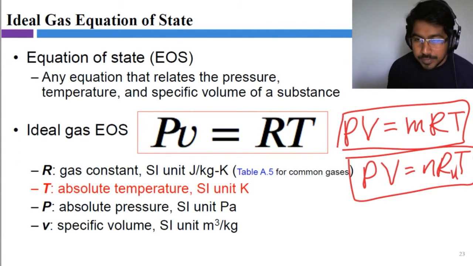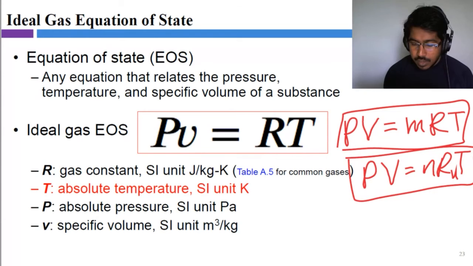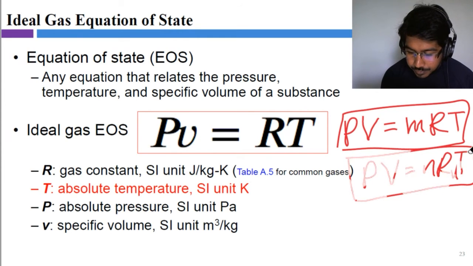We'll discuss the difference between the two equations in the coming slide. For now, for the purpose of discussion, we'll not be using the familiar equation, sorry about that, but we'll clarify the difference between mRT and nRT in a jiffy. So bear with me until then.